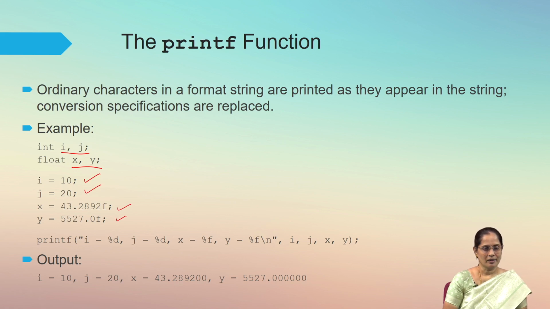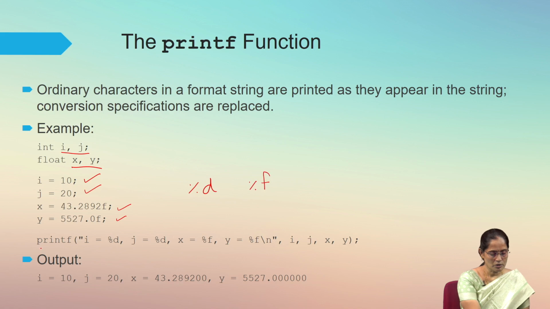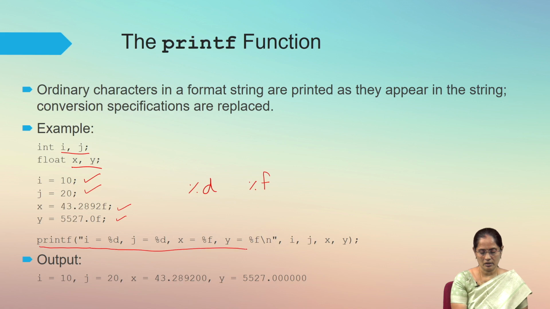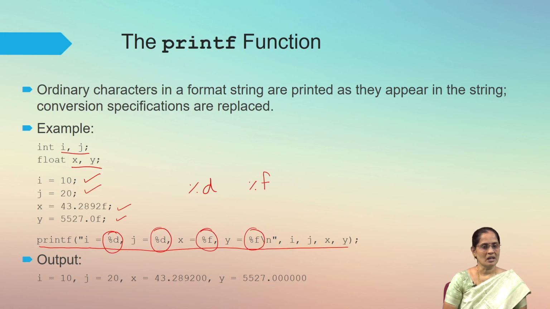To print an integer value, I need to use the conversion specifier %d, and for a floating point value, we use the conversion specifier %f, as we have already seen. So I need to use the printf statement with the conversion specifiers %d and %f. Wherever %d is used, the values will be replaced accordingly, hence it is named a placeholder.